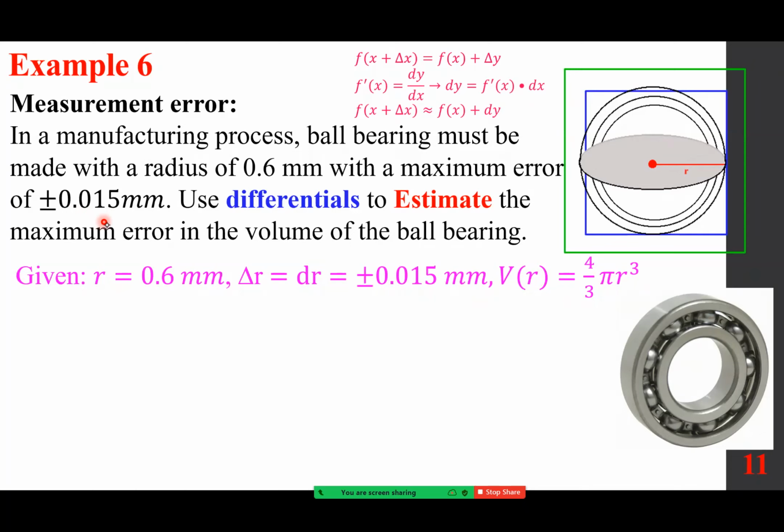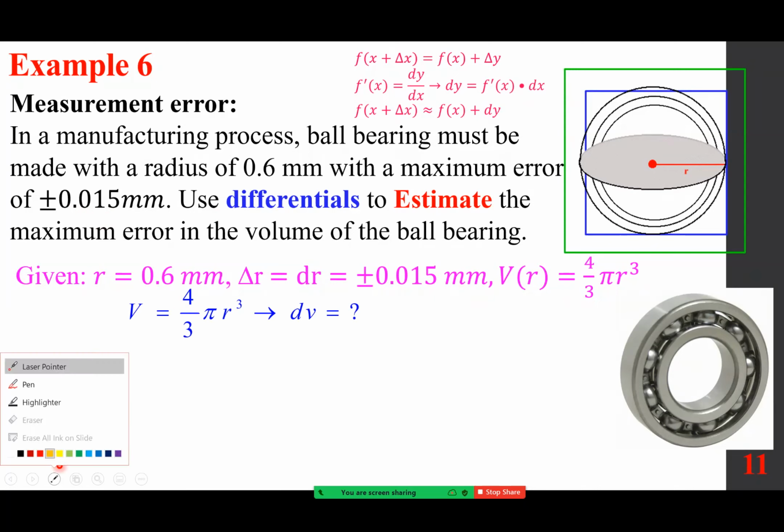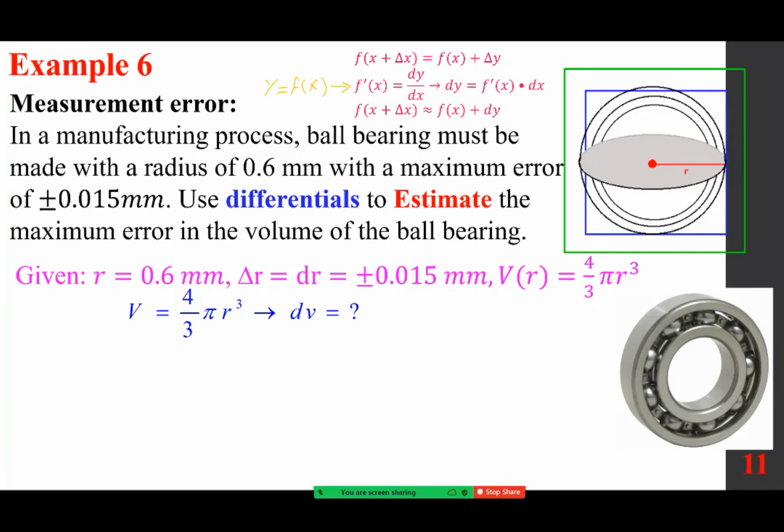All right. Now, volume is 4/3 pi r cubed, and we need to find dV. So going back to this, y or f of x, in this case, V or V of r, if you will, because r is the independent variable.